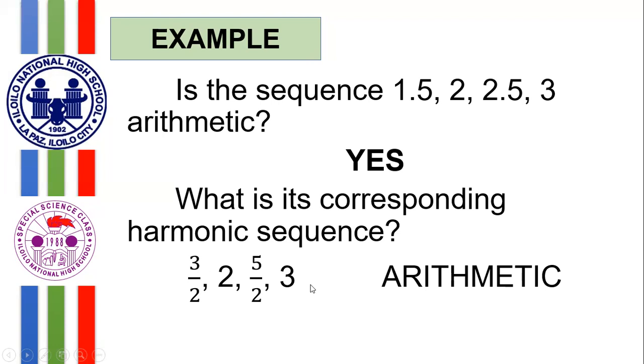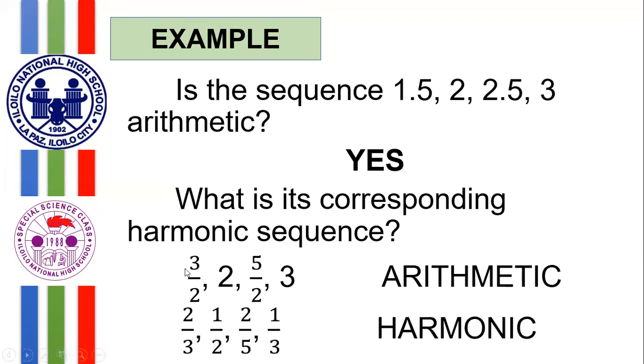For the corresponding harmonic sequence, we take the reciprocal of each term. For 3 halves, that's 2/3. For 2, that's 1/2. For 5 halves, that's 2/5. And for 3, that's 1/3. So this second sequence is now a harmonic sequence. I hope you got it.